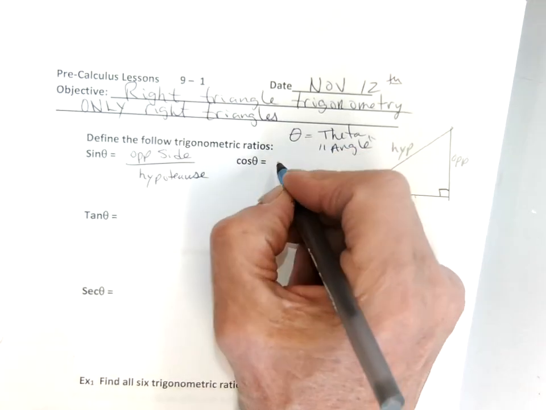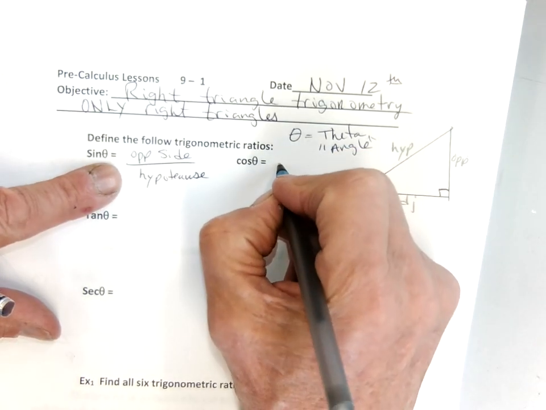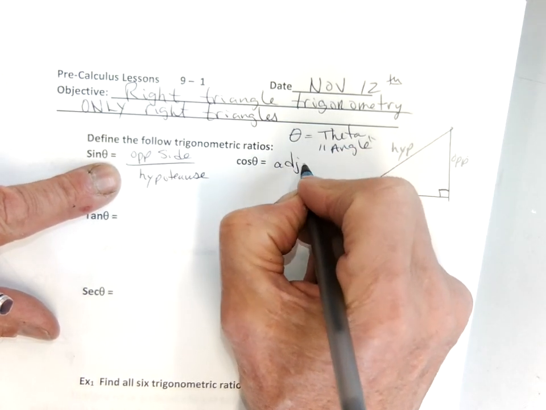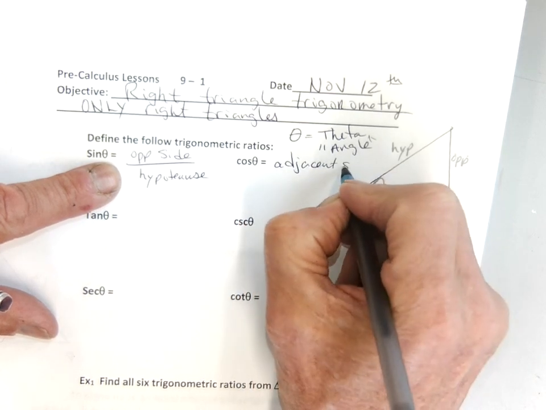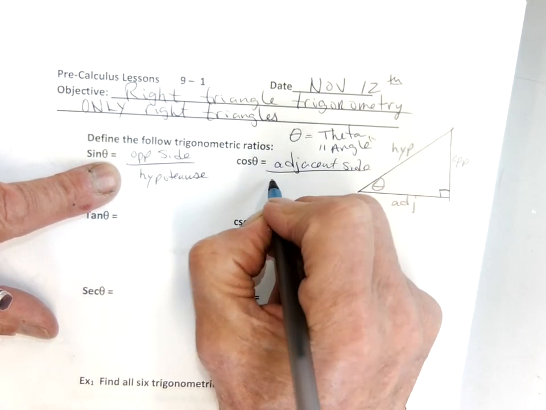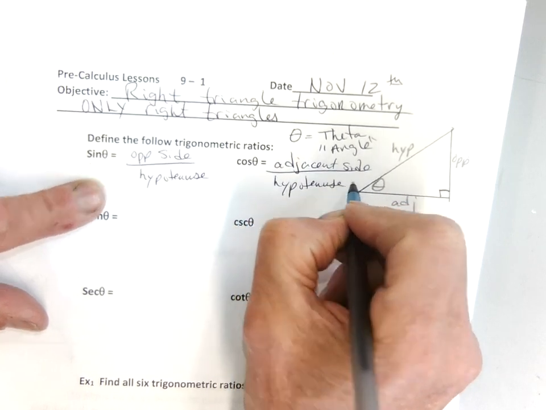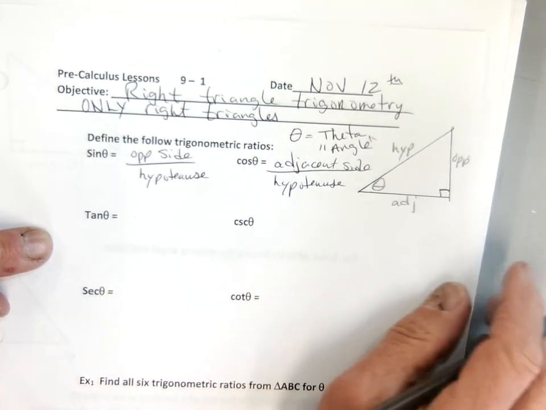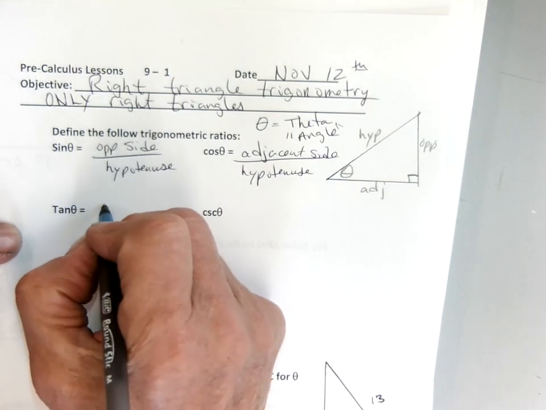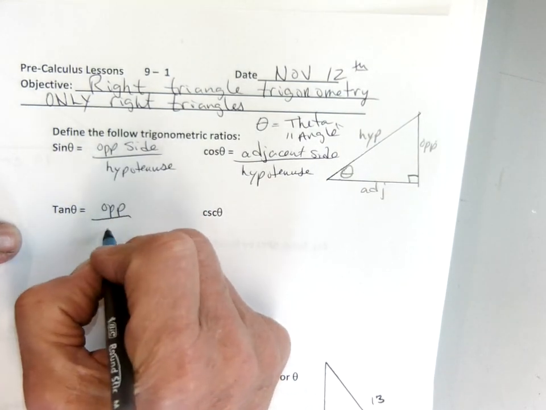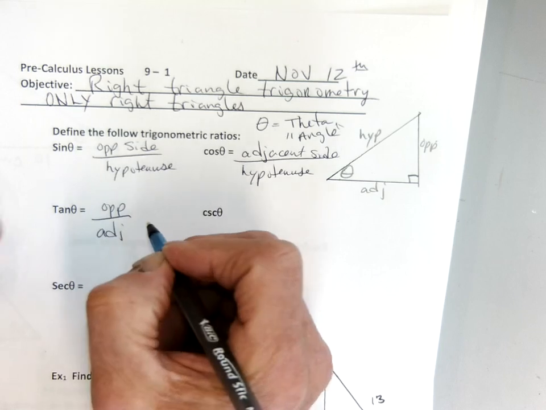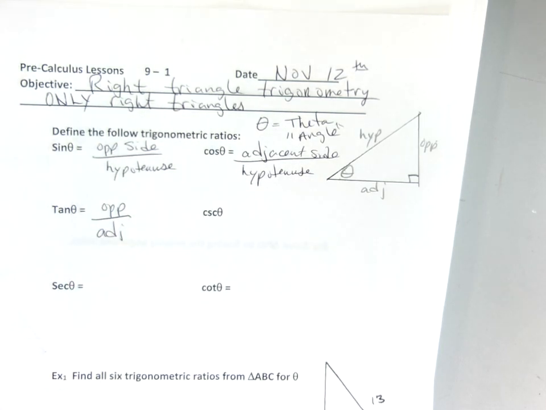Cosine is just a relationship or a ratio between the adjacent side and the hypotenuse. The tangent is just a ratio between the opposite side and the adjacent side. As one changes, the other two change. You change the angle, then the adjacent side changes, okay?